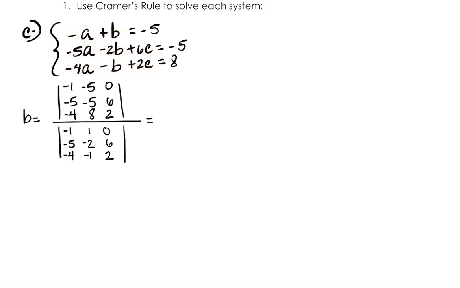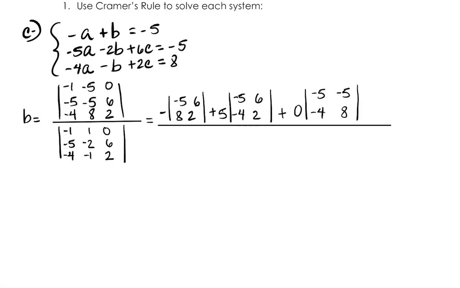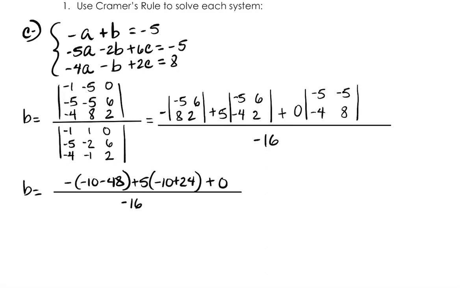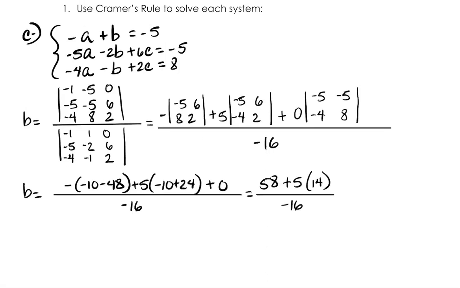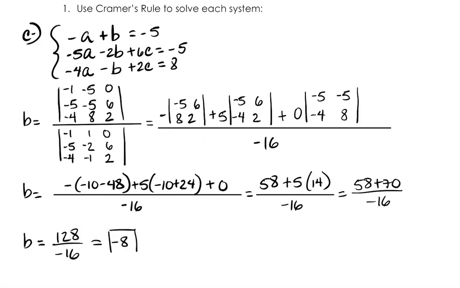Now let's solve the determinants. And as we know, the determinant of the system is -16. Now solve the determinants. And we get that b equals -8.